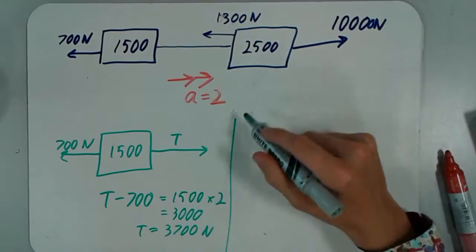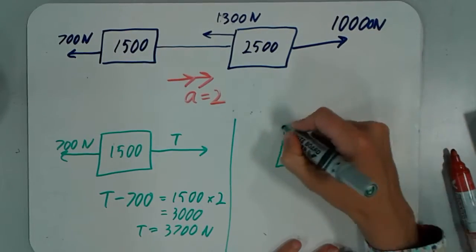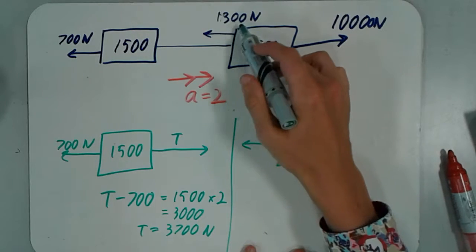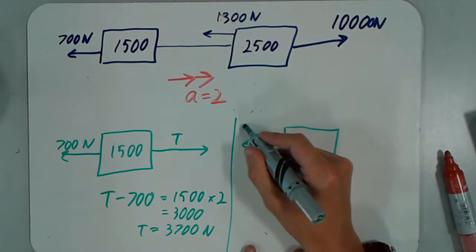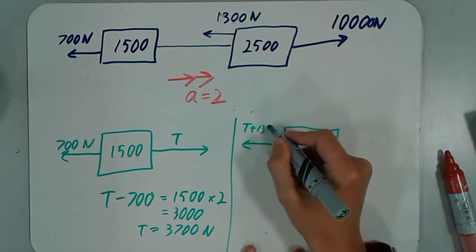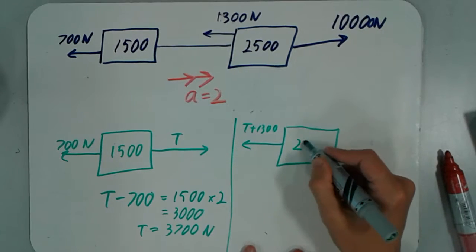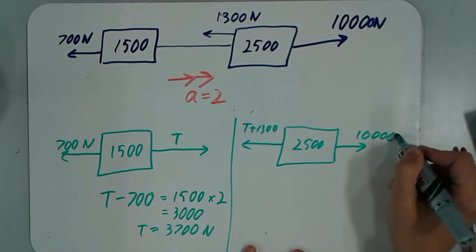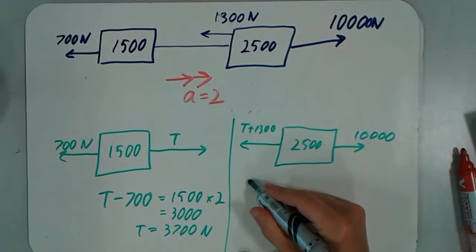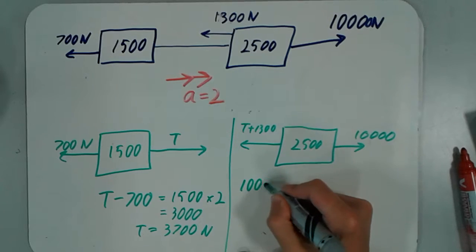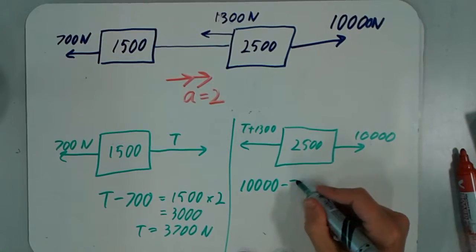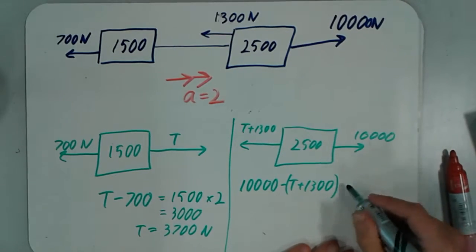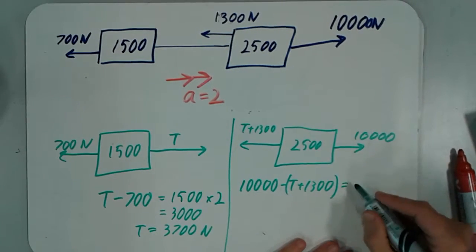Notice we would get the same figure if we drew a force diagram for the car. It would have tension and the resistance force of 1,300 newtons going this way, 2.5 ton and 10,000. Same calculation: 10,000 minus T plus 1,300 is equal to mass times acceleration.